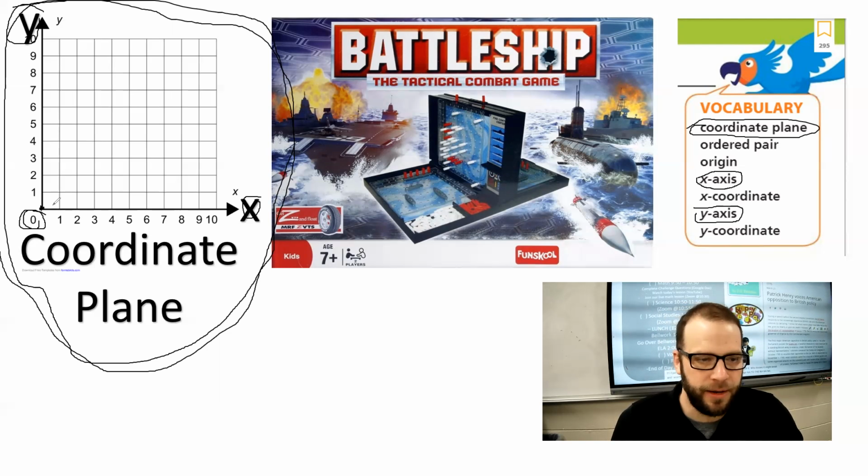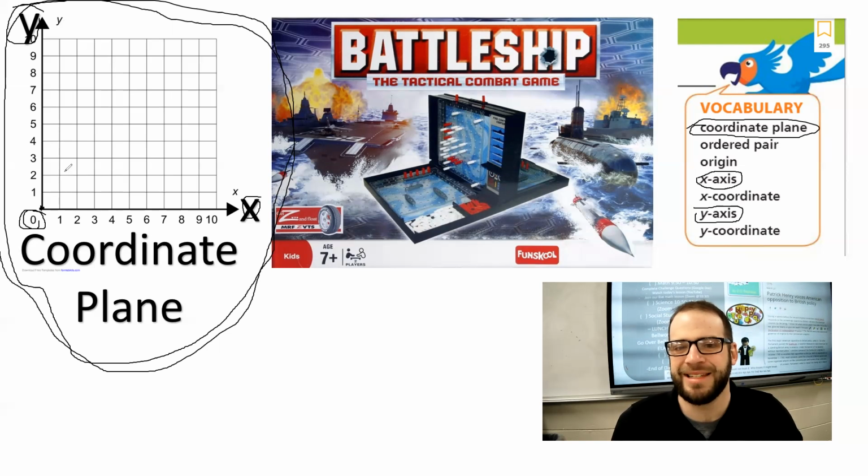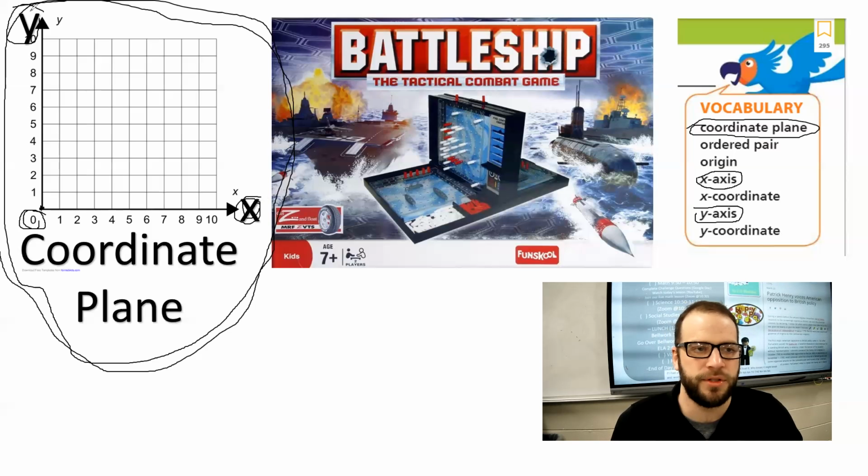Every point is plotted somewhere over and up, and then you make your dot, and you can describe where that dot is: it's 8 over and 5 up, or 4 over and 1 up, or 1 over and 2 up. Instead of saying over, the first number you say is the x number, and the second number you say is the y number.